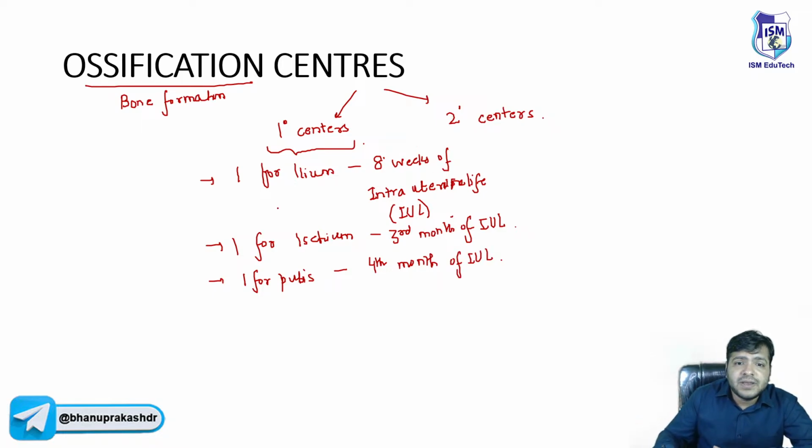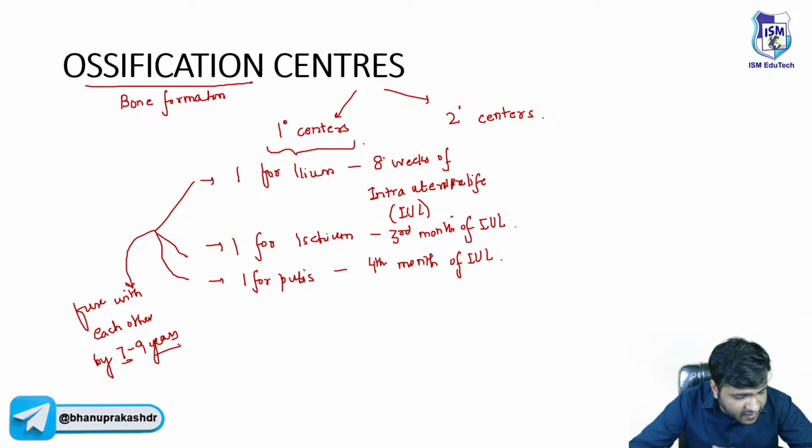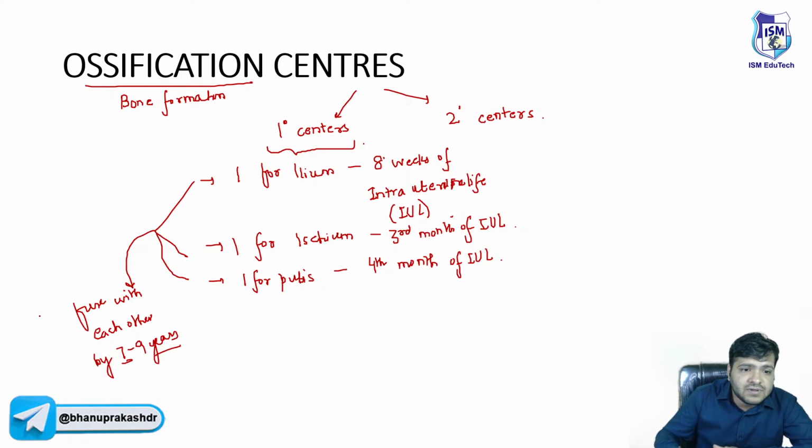Now beta, these three, they fuse with each other by 7 to 9 years. जब बच्चा 7 years का, 8 years का या 9 years का हो जाता है, then these three bones will fuse with each other with the Y-shaped cartilage.